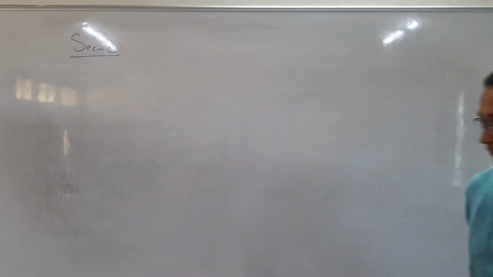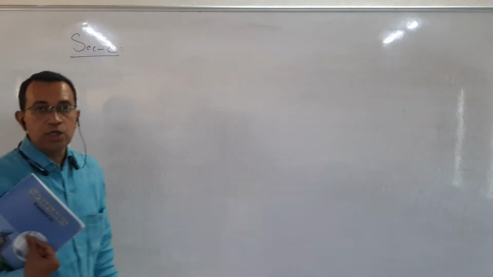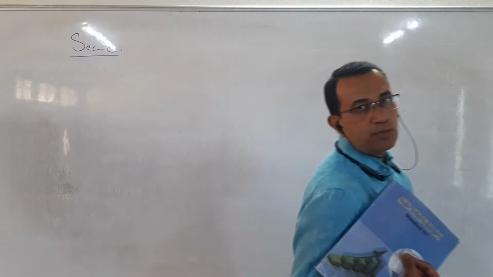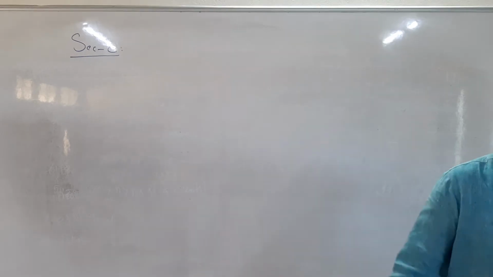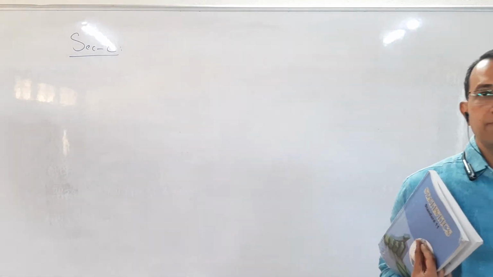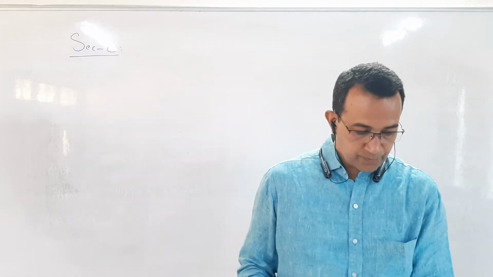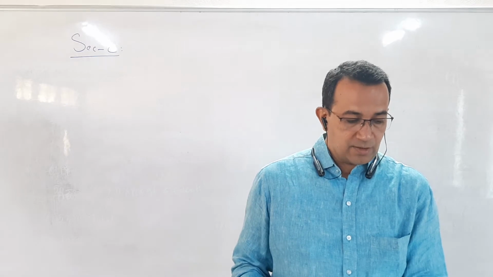Third, mode is not affected by too large and too small observation. And fourth, mode can be obtained graphically. So these are the four basic advantages of mode. Then combined mean is not there.